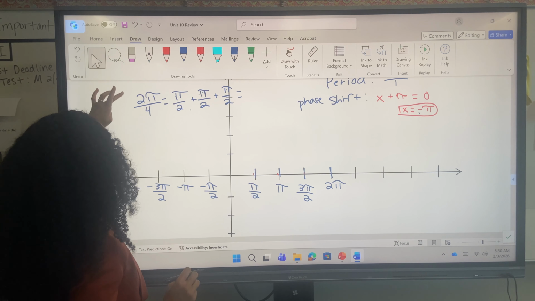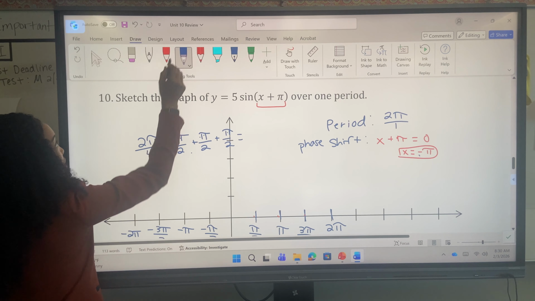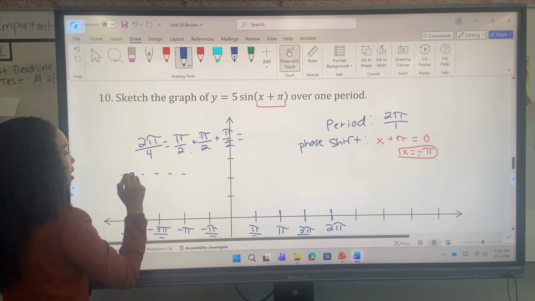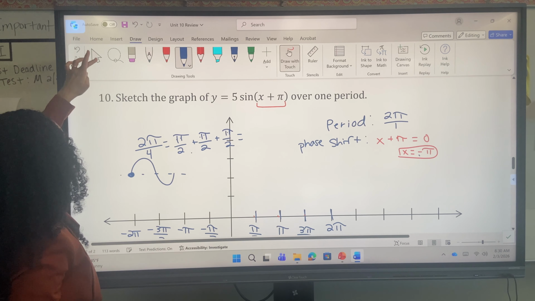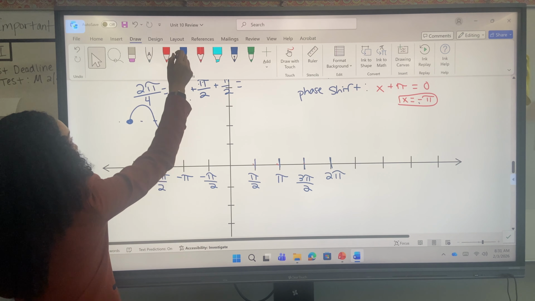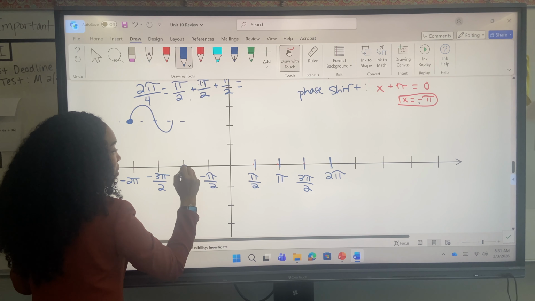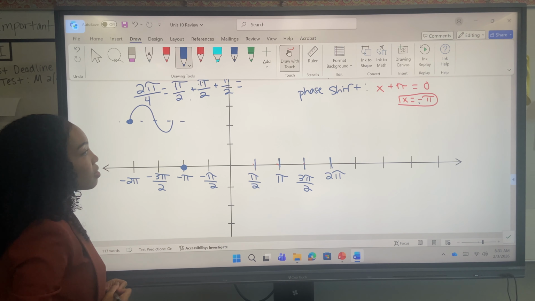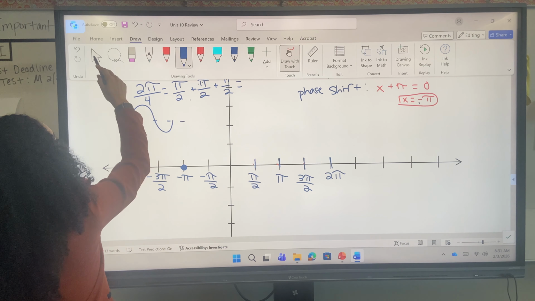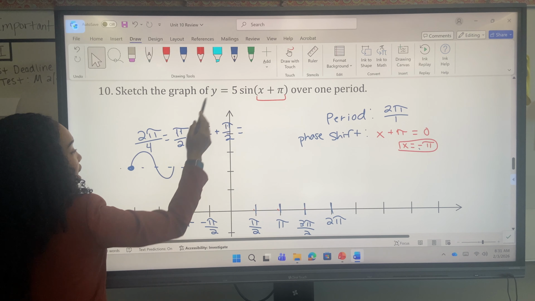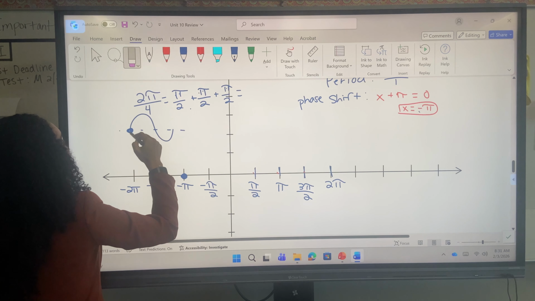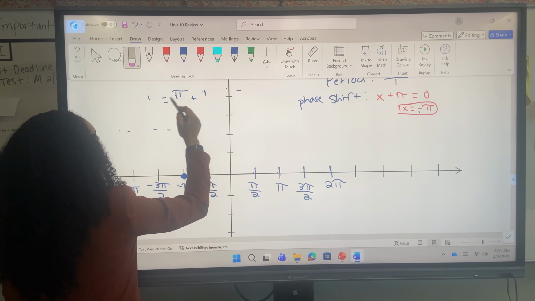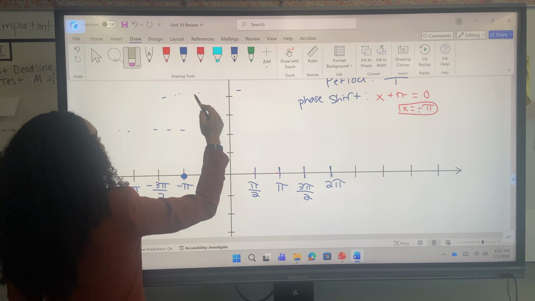Okay, so sine always starts at the midline and then it goes like that. So I'm going to start right here at negative pi because we moved to the left. And then my amplitude is 5. So I'm going to go up 5 from that first point, from my midline.